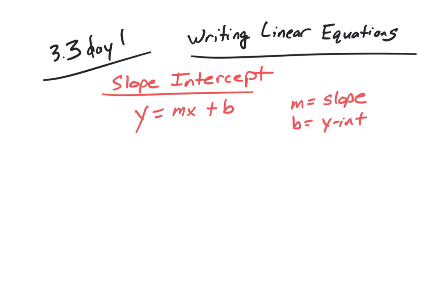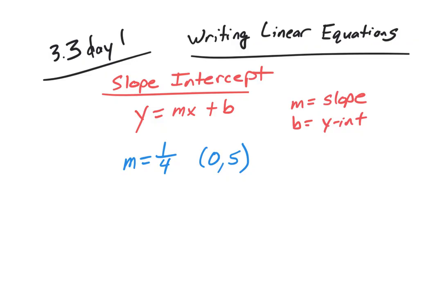So in order to write an equation in slope-intercept form, if I knew what those two things were, then I would be able to write an equation pretty quickly, pretty easily. For instance, if I said I have a slope of 1/4, and I have a point at (0, 5).